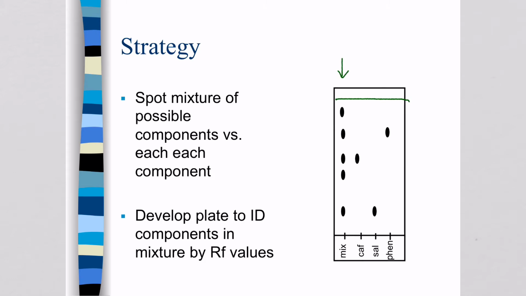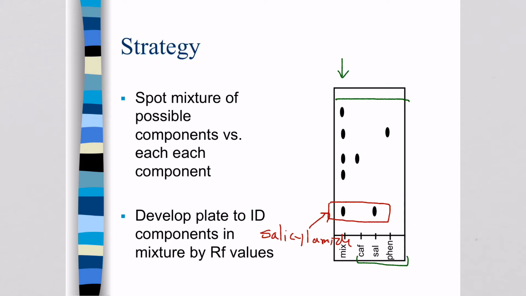So as I said, the mixture has separated into 5 different components, and I can see that the caffeine, the salicylimide, and the phenacetin all have 1 spot at different RF values. And what I can see is that there is a spot in the mixture that has the same RF value as salicylimide. Therefore, I know that this spot in the mixture is salicylimide.